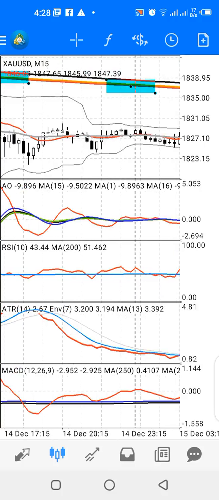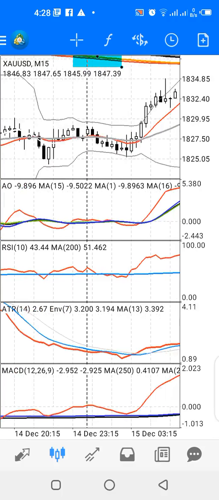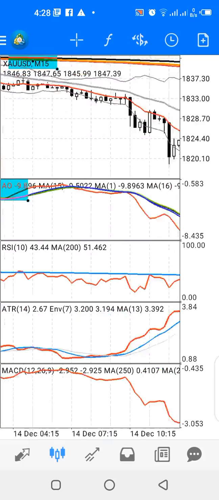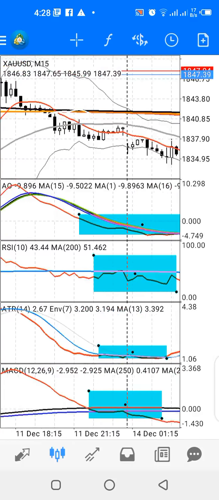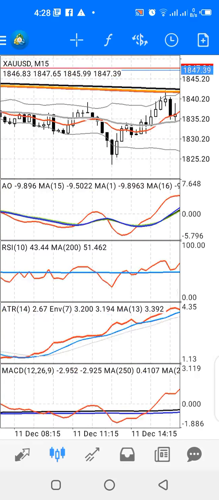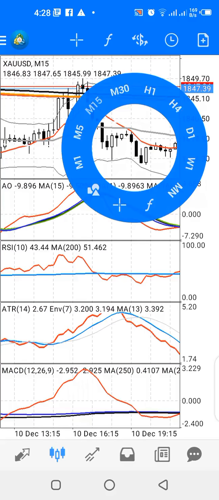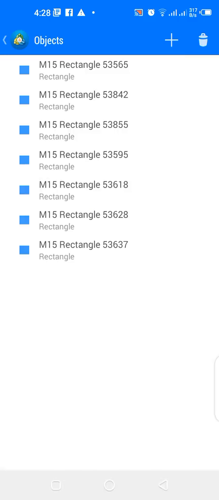So on the main chart, if price is below this line, that means the trend is bearish, and price may continually fall.